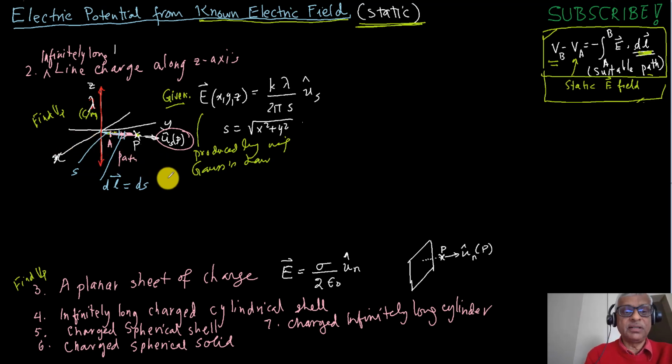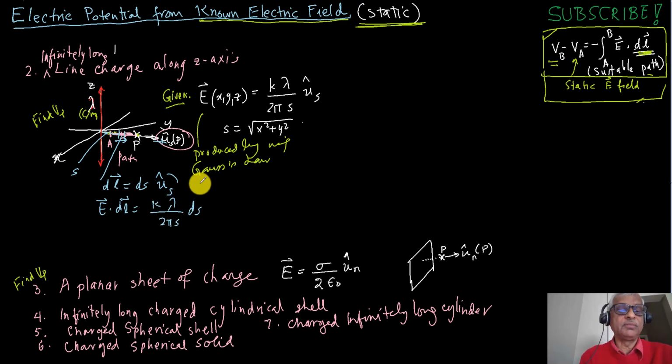This is the cylindrical coordinate radial distance, and it's going to have a direction the same as the unit vector s-hat. The unit vector is along the same direction as this direction. So plugging in here, E dot dl will simply be k lambda over 2 pi s ds.